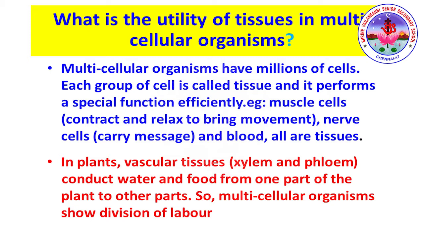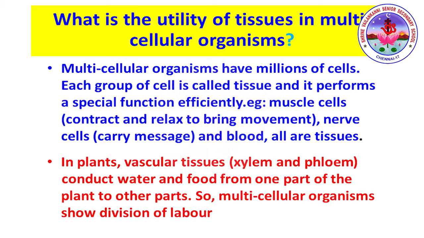I keep repeating these words, so please keep them in mind. For example, muscle cells help in contraction and relaxation to bring movement, nerve cells carry the message, and blood is a fluid tissue that connects all the tissues inside the living organism. So these are the characteristic features of tissues performed by muscle, nerve and blood.